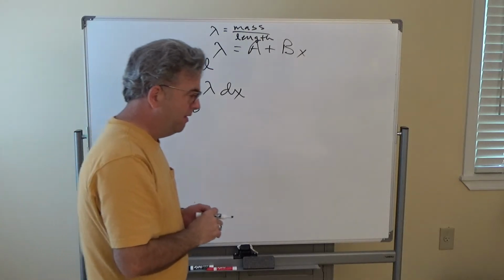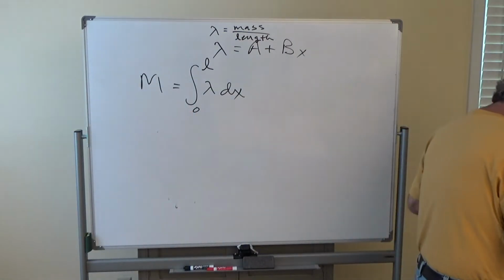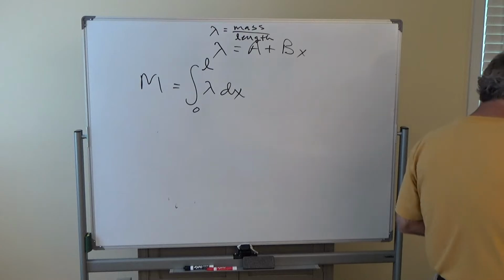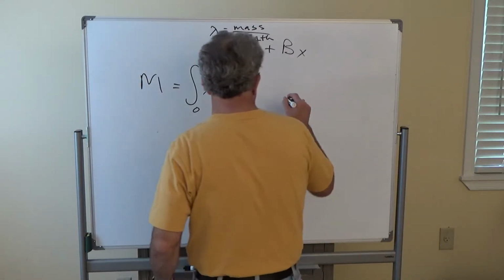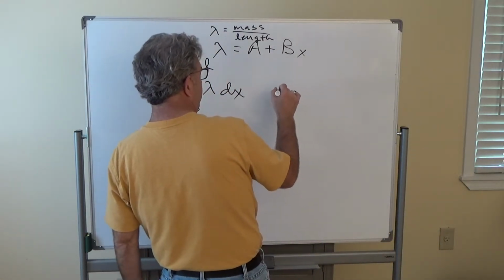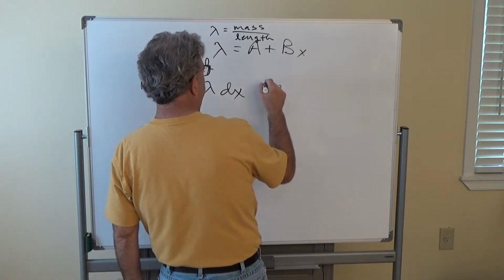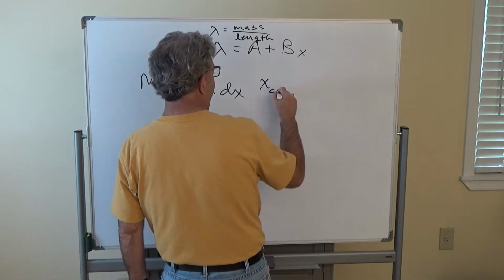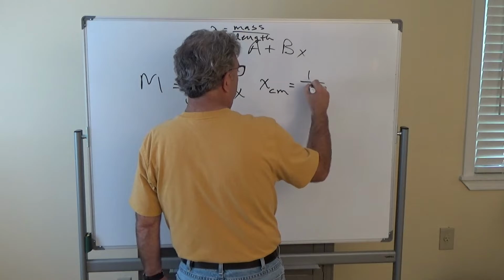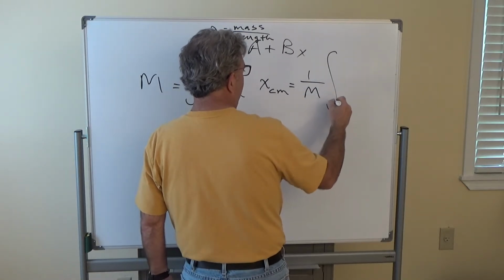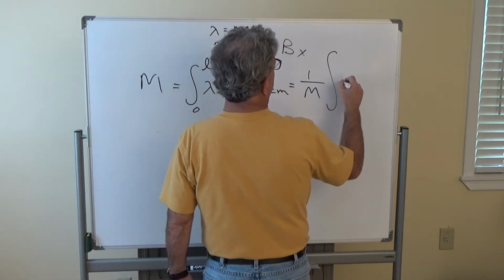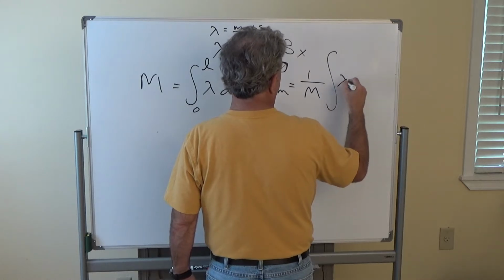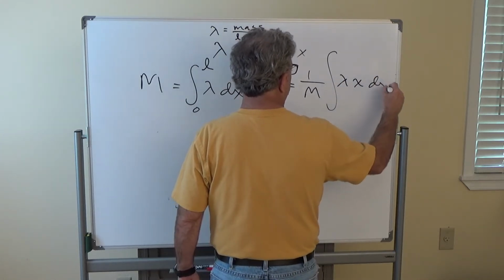Part B, find the center mass. Well, for the center of mass, if you watch the center of mass lecture that I did, x center of mass is going to equal 1 over big M times the integral of lambda x dx.